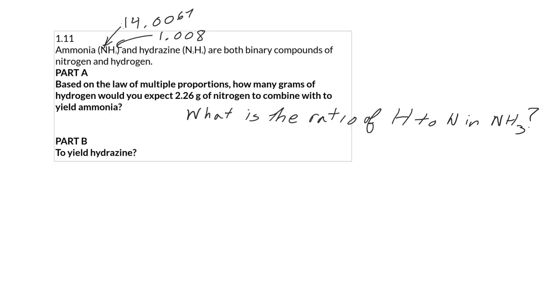Well, I took the liberty of going to the periodic table before we began and looking up the atomic mass of nitrogen and the atomic mass of hydrogen. Nitrogen has an atomic mass of 14.0067 and hydrogen has an atomic mass of 1.008.